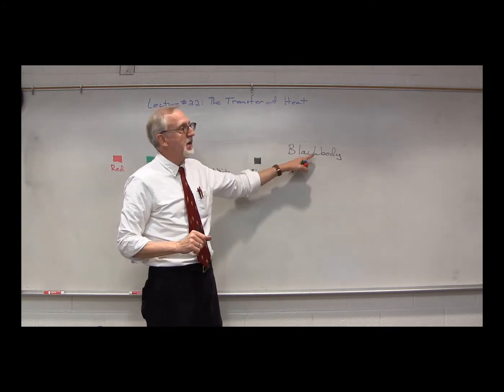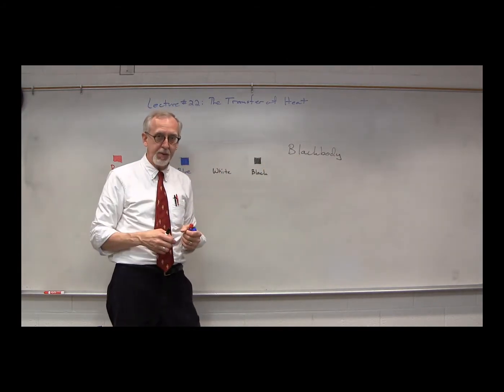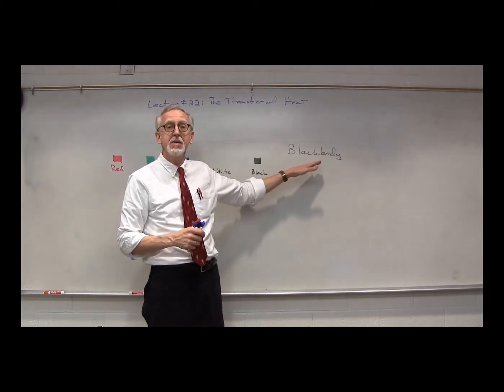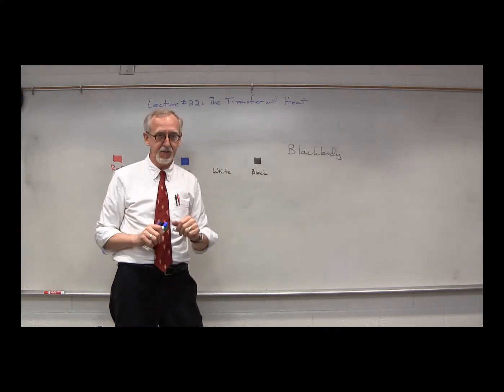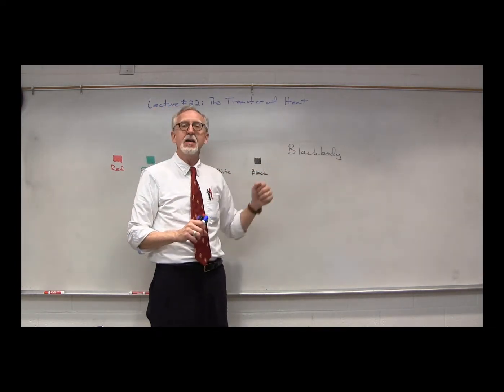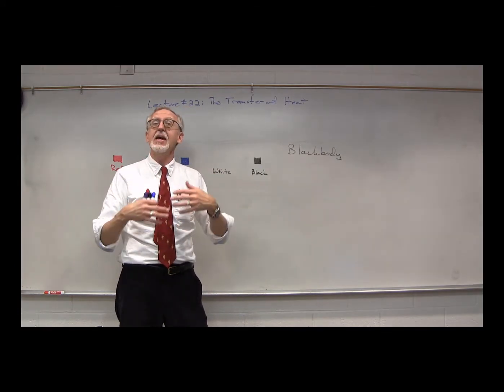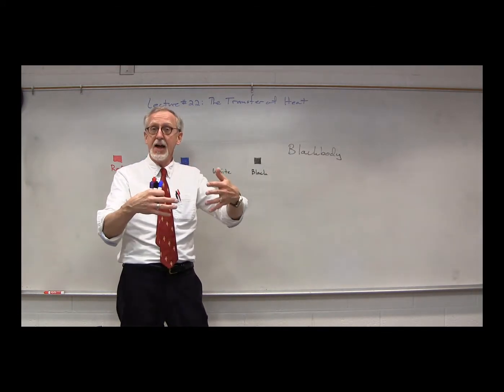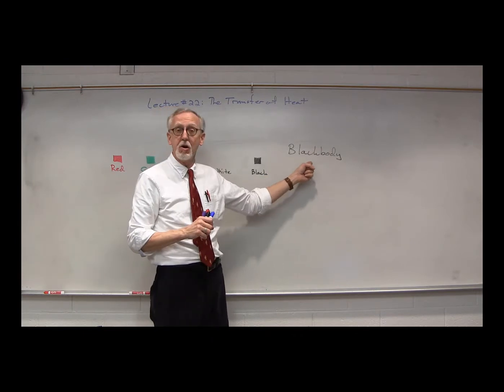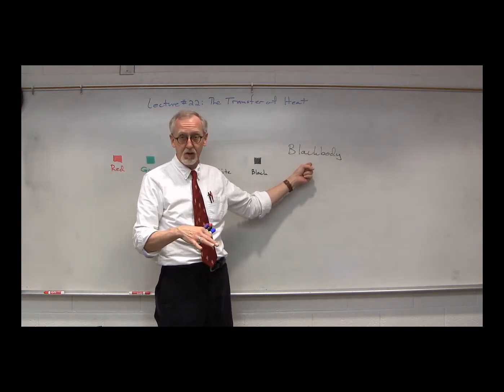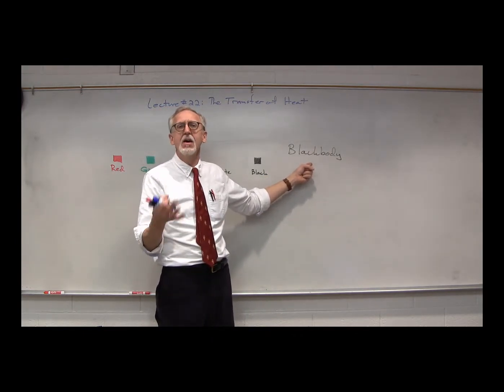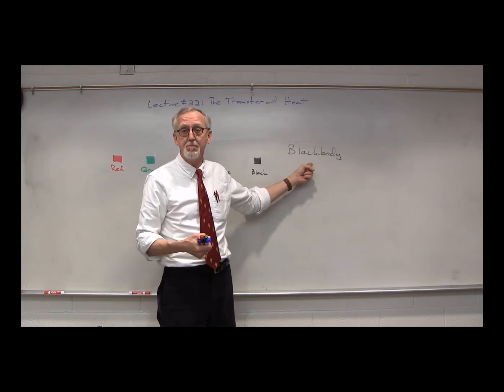But that doesn't mean that no light comes from a black body. A black body does emit light. It doesn't reflect it, though. But it emits light because of its temperature. It emits light anytime it's above 0 Kelvin, absolute zero, which is basically any physical object.